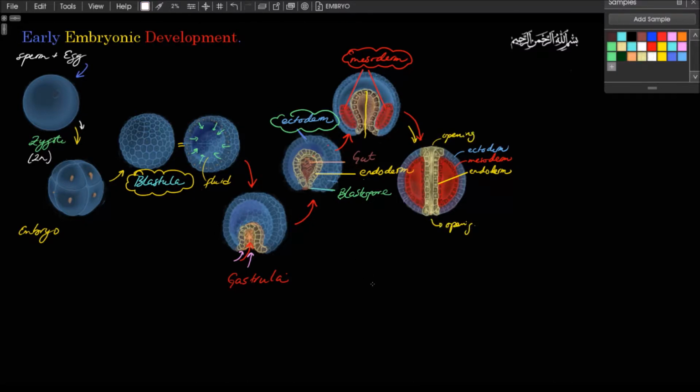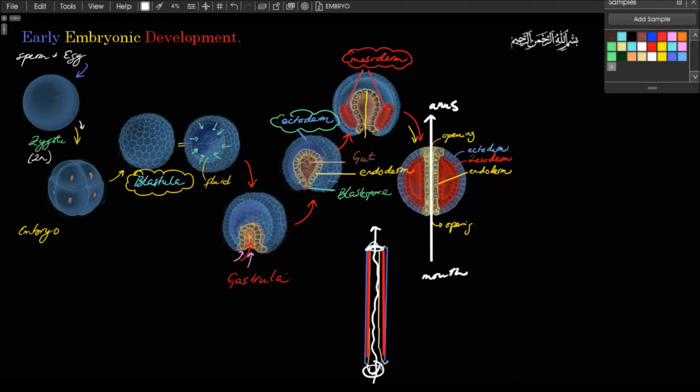Now, if you can just imagine this, if you were to elongate this a little bit, stretch it out a little bit, this would be the basic structure of a worm. This would be one end of the worm, and that would be the other end of the worm. The head might be over here, and its tail might be over here, and food would just go right through here, through its gut. Now, one of these openings will serve as the mouth, and the other opening will serve as the anus, and this will be the basic structure of the living thing.